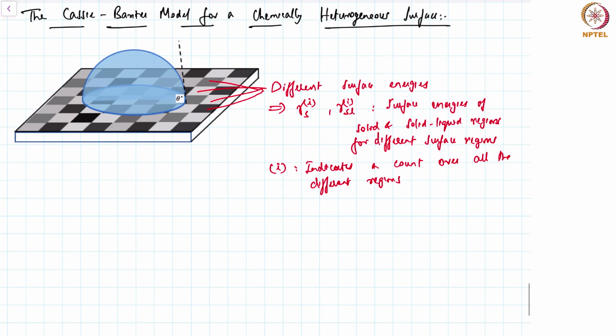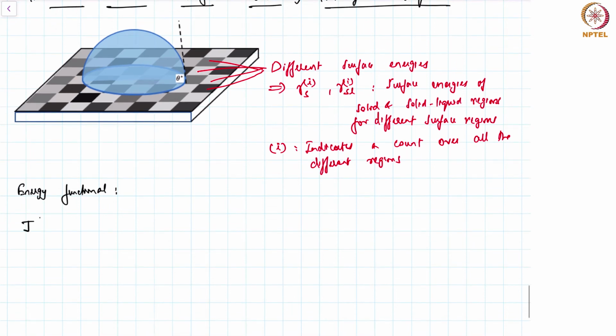So what's the idea here? The idea is that the energy functional J is a function of h, x, h, and hx. This quantity will integrate from 0 to a, where you have a droplet whose radial extent is a on the surface.